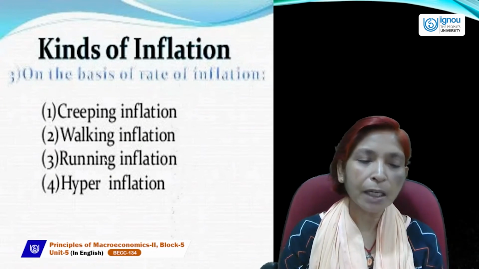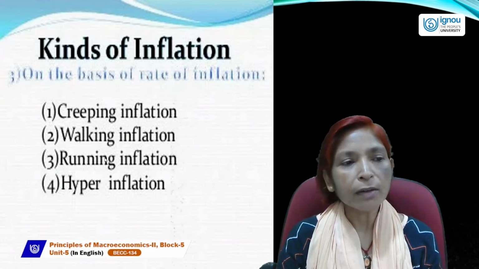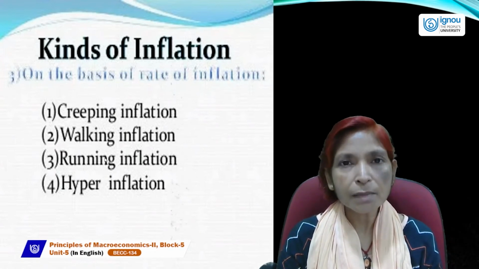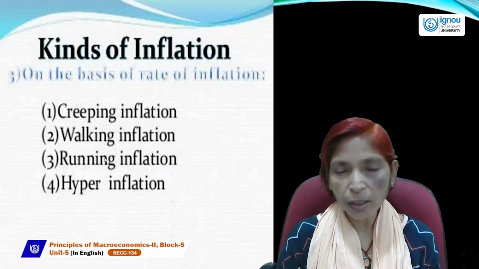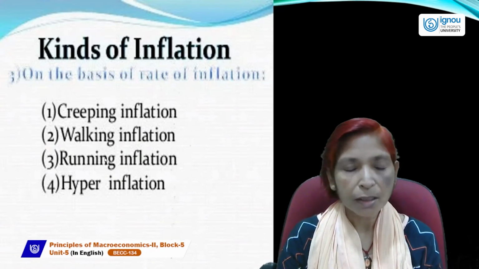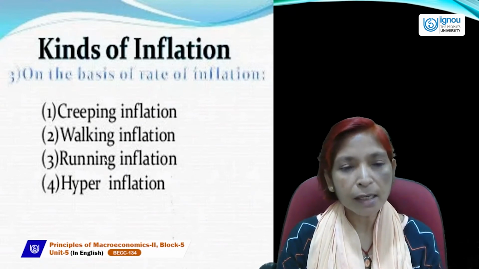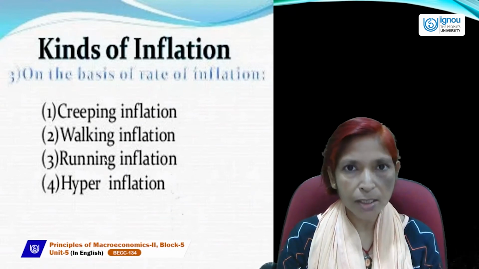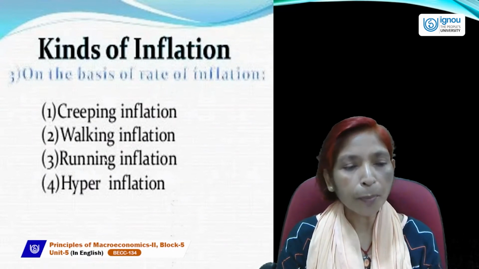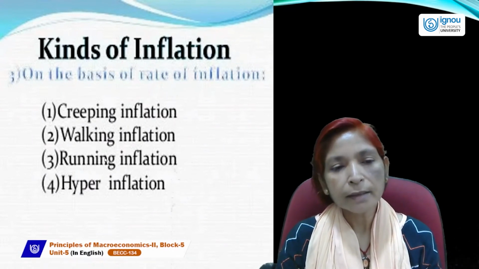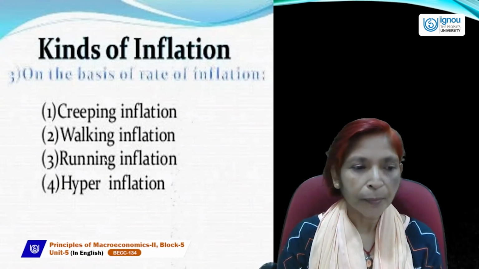First is creeping inflation. What is creeping inflation? When the inflation rate increases by 2 to 3%, it is also known as very mild inflation, because in this case the inflation rate is increasing at a very slow rate. When inflation exists at the rate of 2% to 3%, that is known as creeping inflation.